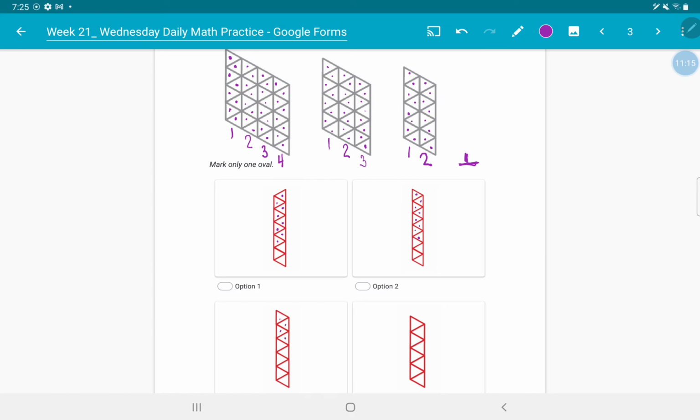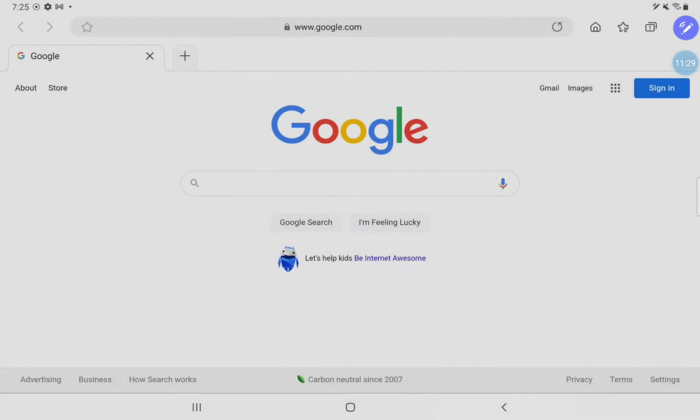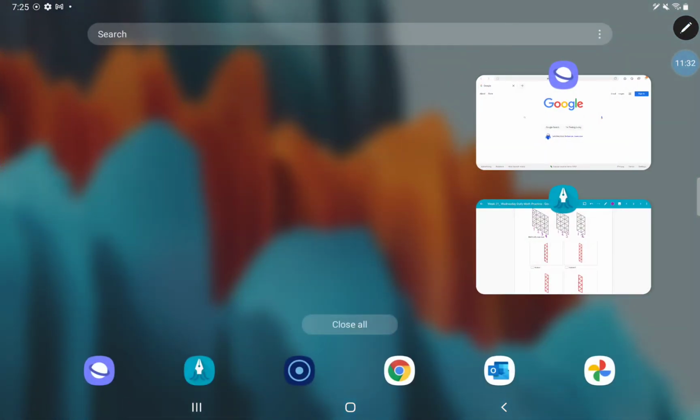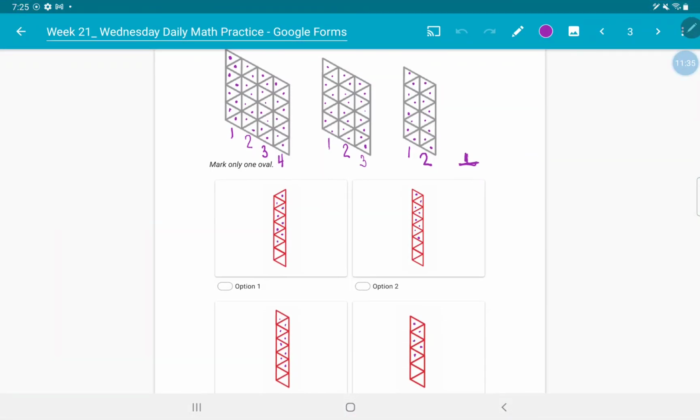Not that one. 1, 2, 3, 4, 5, 6, 7, 8. So option 4 is our correct answer. And the rule would be that we are taking away 1 column of 8 triangles each time.